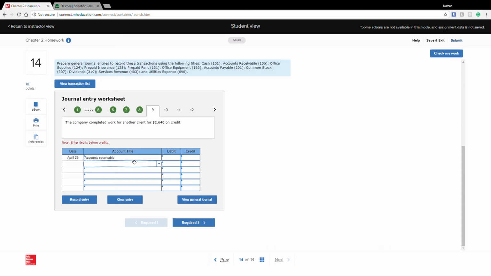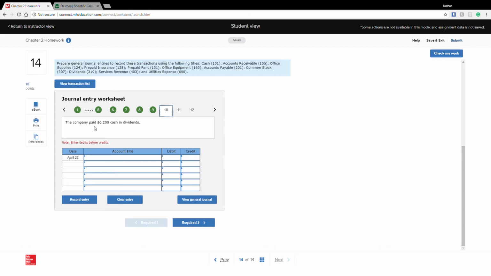And we actually earned it for revenue. So 2640, 2640. Now, we're not going specific with clients yet on accounts receivable because this is going to be a later chapter. I believe this is chapter 7. So this is going to be in that chapter.